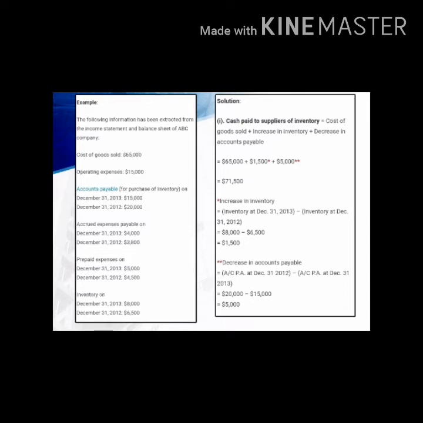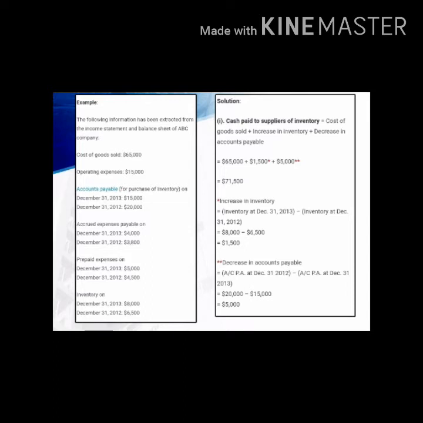Plus, the decrease in accounts payable has $5,000. For the decrease in accounts payable, we should calculate the beginning period minus the ending period of the year.